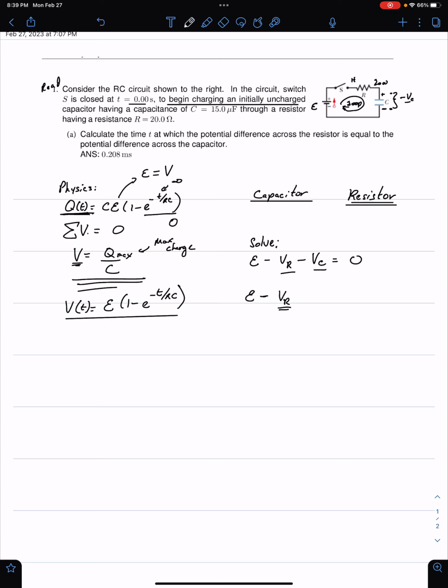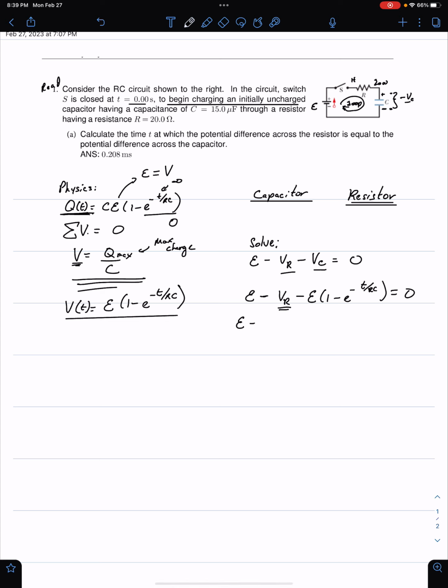The only way that we're able to solve for understanding the voltage across the resistor is by also including the voltage across the capacitor. See how the current is affected by the capacitor itself. So minus EMF times 1 minus e to the negative t over RC. And that all equals to 0.